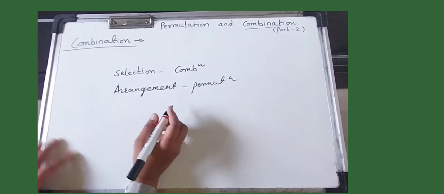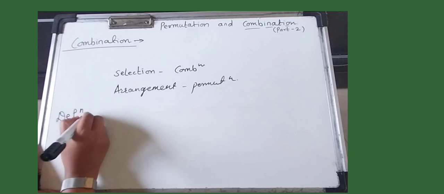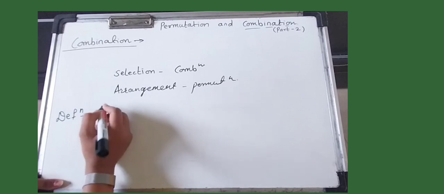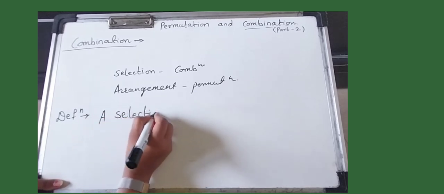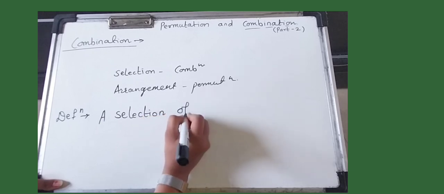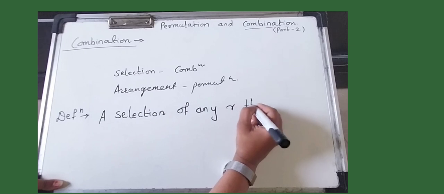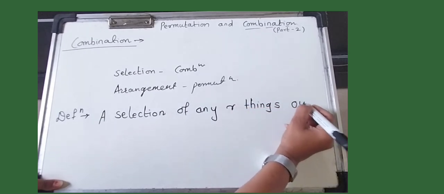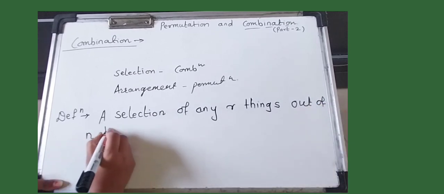So, what is the combination? The definition is many times asked in exams for 2 marks. A selection of any r things out of n things is called a combination of n things taken r at a time.